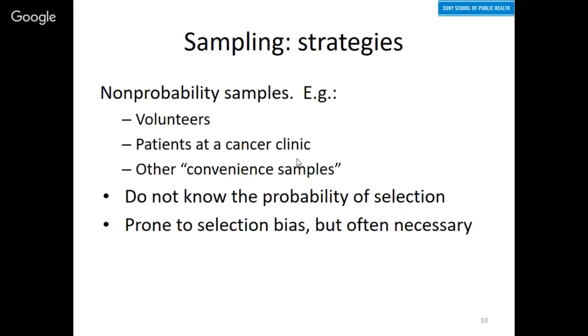And you're not doing that in the online survey. So you don't know what your sampling frame was, and you don't know what the probability of being selected from it was. So I would say that is always a convenience sample.